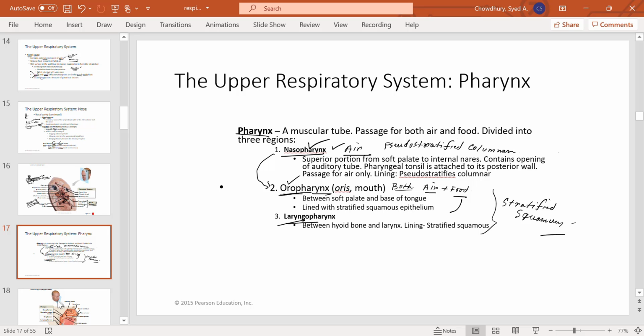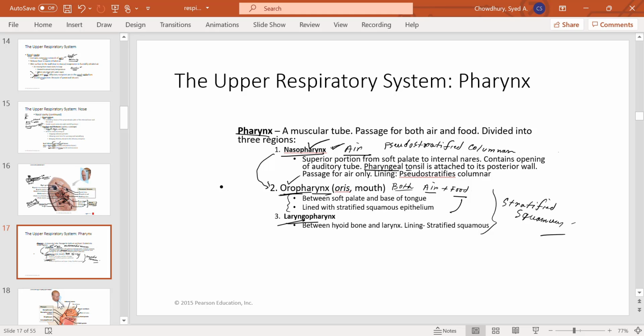If the pressure inside the ear increases, some air will escape, will go to the nose, to the nasopharynx. Okay, and also the pharyngeal tonsil, which is known as adenoid, you already know, is attached to the posterior surface of the nasopharynx.